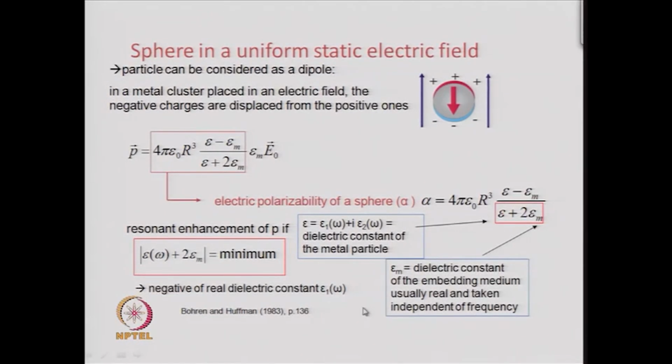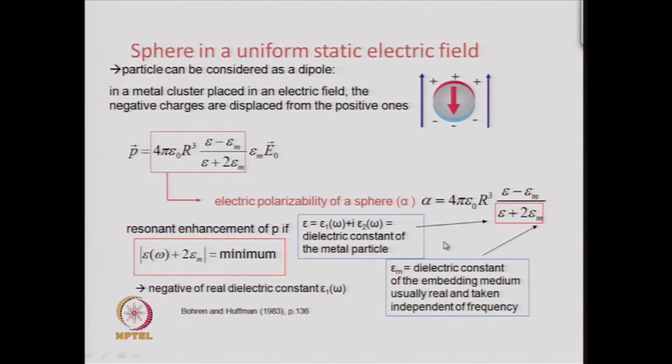Okay. So, now, there are two things. One is the dielectric constant of the particle and the other is the dielectric constant of the medium, and these two have to be taken into consideration.